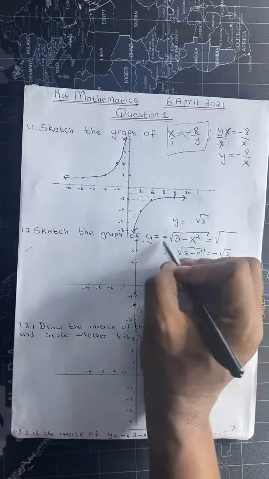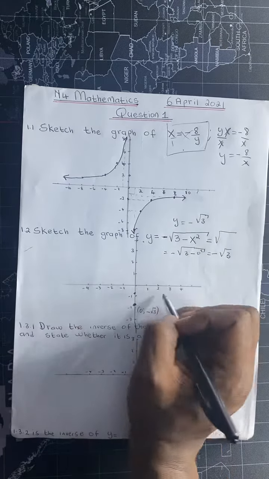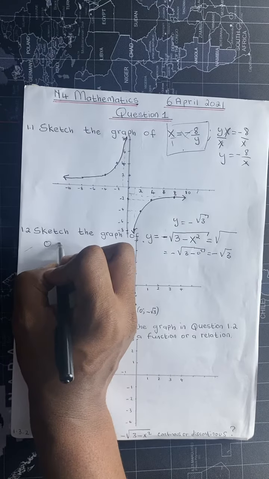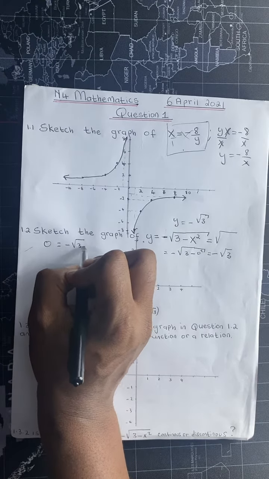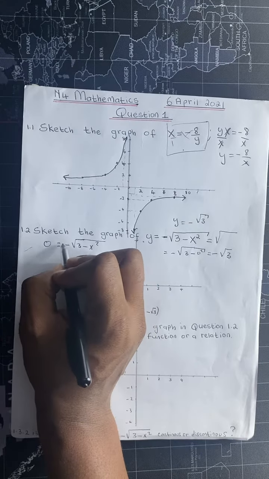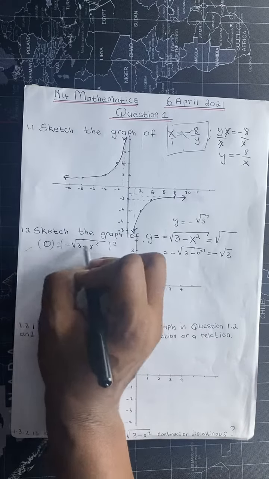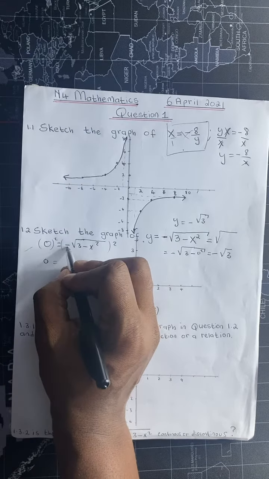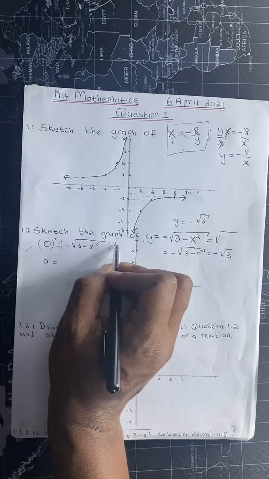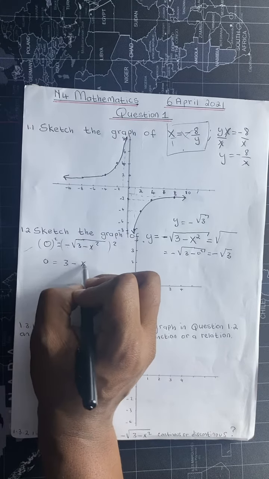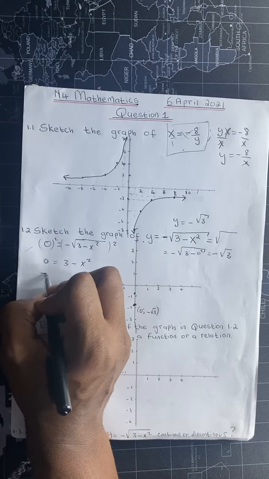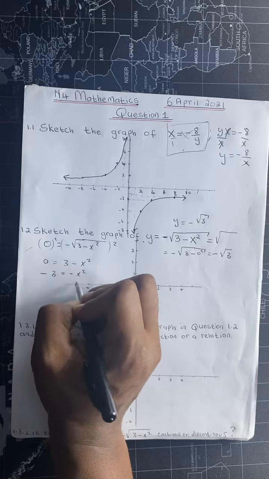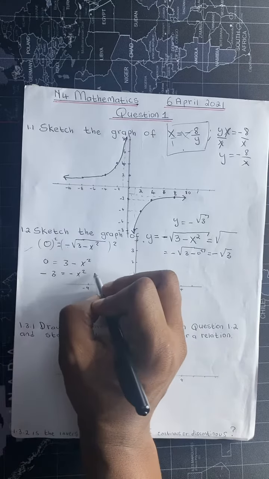So to find the x-intercept, we only have to set y to 0 and we square both sides to make x the subject of the formula. So this will be 0 is equal to the square root. This negative square will be positive, and this square root squared will be 3 minus x squared. We take the 3 to the left, it's going to change sign from positive 3 to negative 3, and we divide both sides of this equation by negative 1.